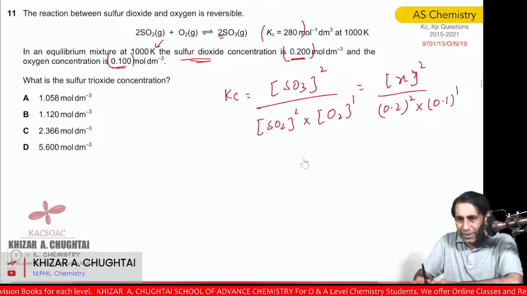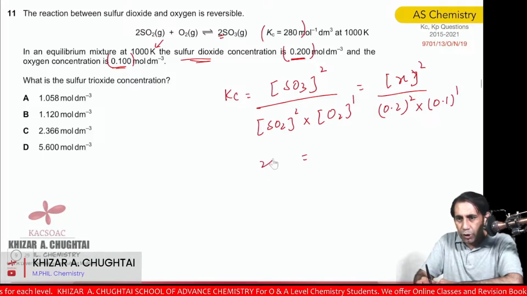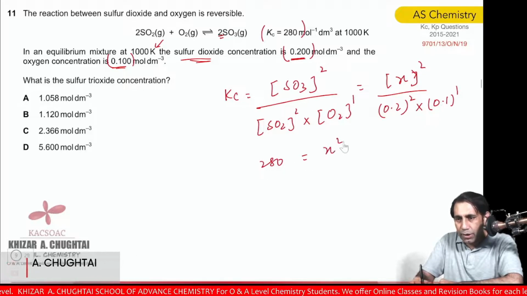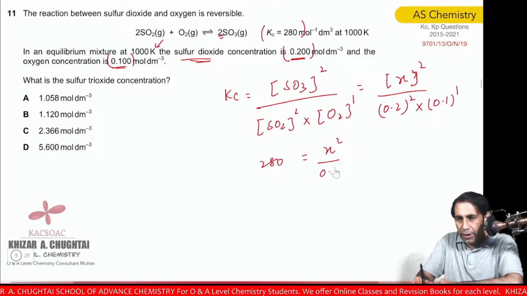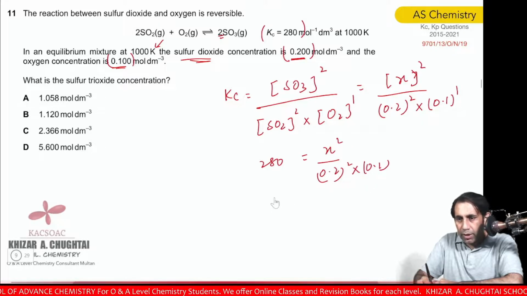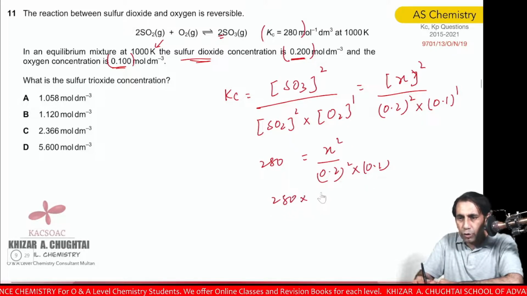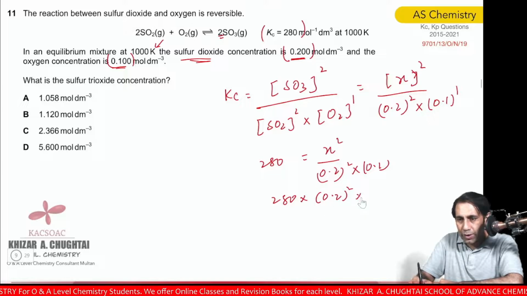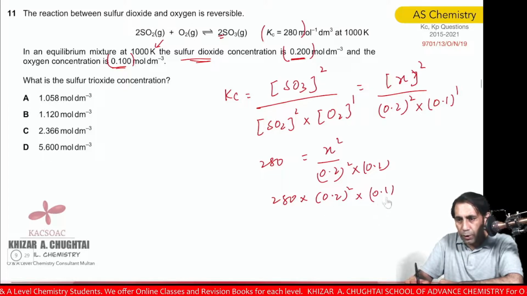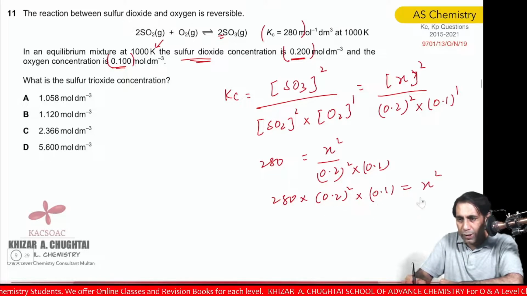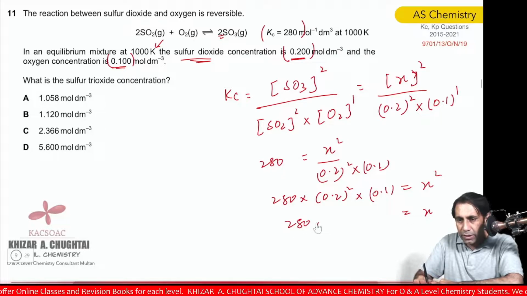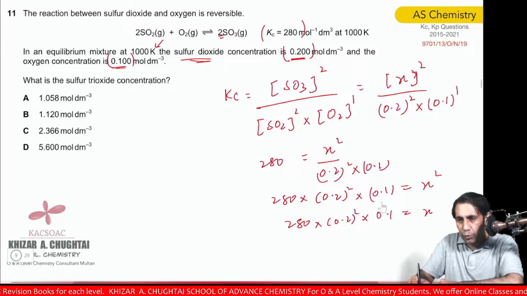And the answer of Kc is equal to 280. So 280 equals x squared over 0.2 squared into 0.1. Then x squared is 280 into 0.2 squared into 0.1, and x will be the square root of 280 into 0.2 squared into 0.1.